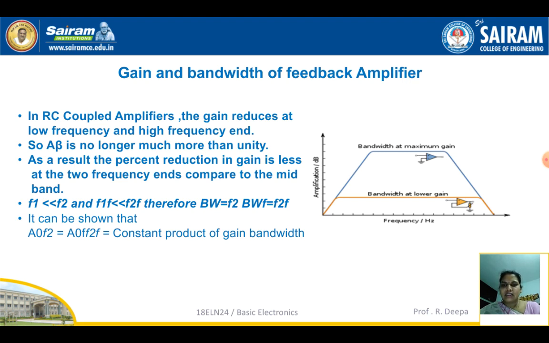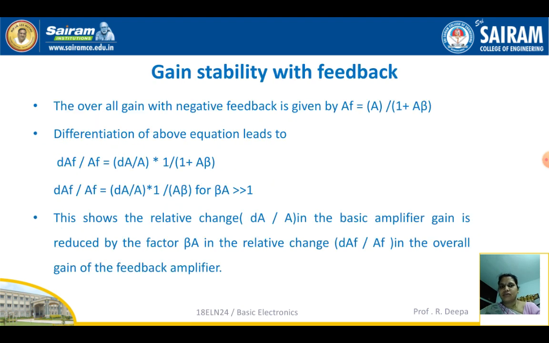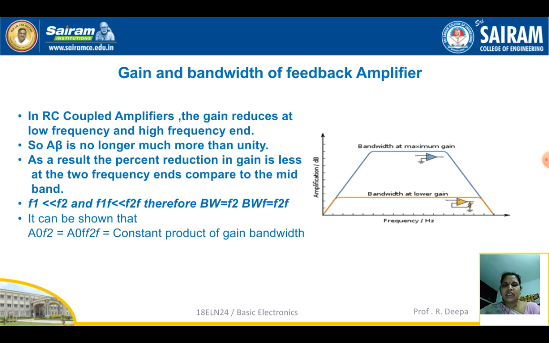And if you calculate the product of gain and bandwidth for both the amplifiers, it is seen to be constant, which is represented as A0 into F2 is equal to A0 with feedback into F, that is, constant gain-bandwidth product. So here we can conclude that for an amplifier with feedback the gain is less, whereas the bandwidth is more.